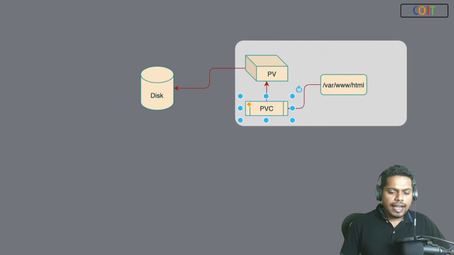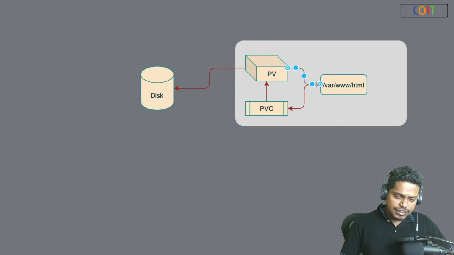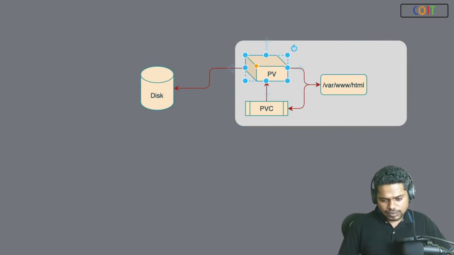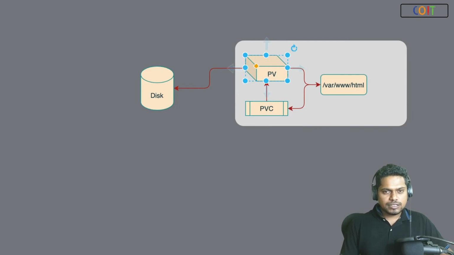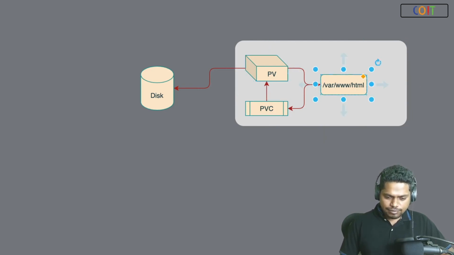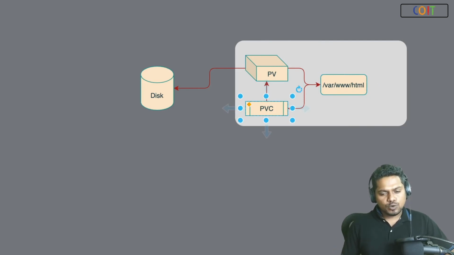It calls this PVC: hey, I need the PV. If the PV is already there, it gets mounted to the container. If the PV is not there, it gets created in Google Cloud as well as in the Kubernetes cluster. So that's what PVC is all about. PVC manages the PV: it creates the PV, deletes the PV, manages the PV, or associates the PV with the respective container. So that's what PVC will do.